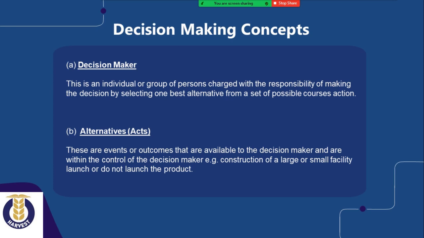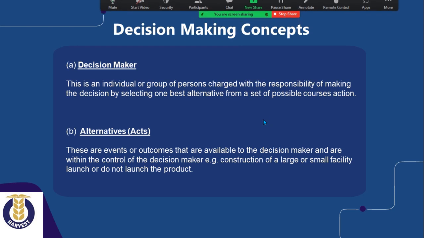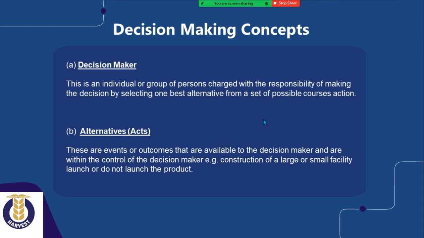And that decision is made, as I've mentioned, by selecting one best alternative from a set of possible courses of action. So that is the decision maker.